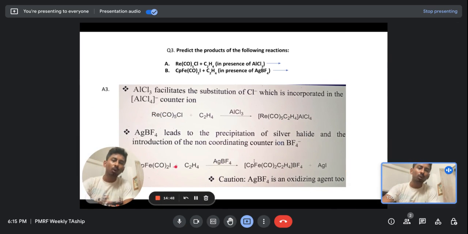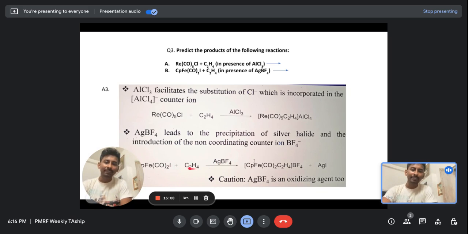In this CpFe(CO)2I, the Cp- or cyclopentadienyl anion is a very strong sigma donor ligand. That is why the electron density on iron is very well established. When AgBF4 is incorporated, this Ag+ forcefully takes away the I-.